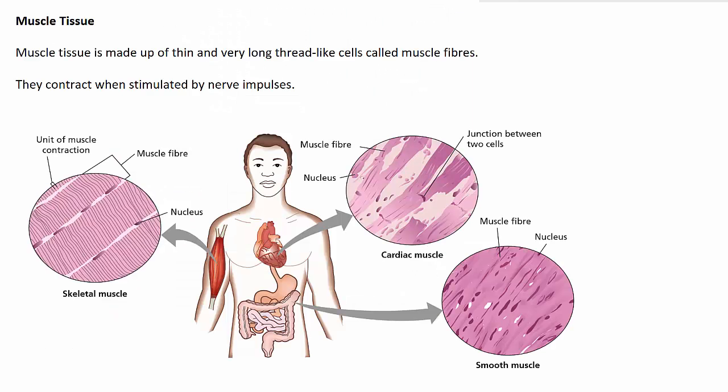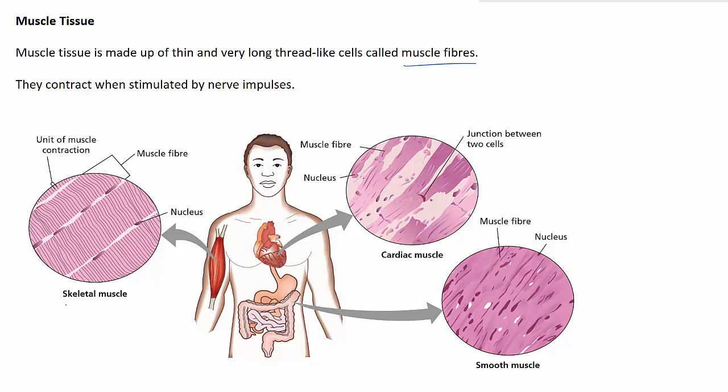The last type of tissue is muscle tissue. And muscle tissue is made up of thin and very long thread-like cells called muscle fibers. And these muscle fibers contract when they're stimulated by nerve impulses from nerve tissue. And there are three different types of muscle tissue.